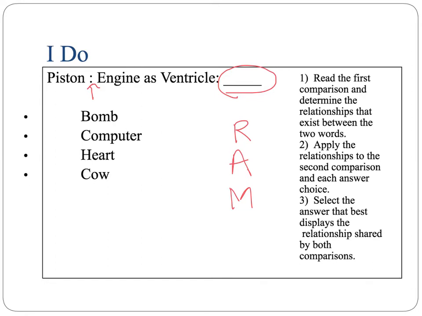So in order to mark through 2 wrong answers, I'm going to go over here to my steps. So the first thing, I'm going to go back and I'm going to look at the first comparison. Piston is to engine. Okay, so I know that a piston is a part of an engine. So this is probably going to be classification.